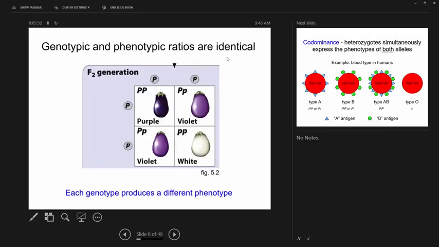If you get a 3 to 1 phenotype ratio, then you've got complete dominance. If you get a 1 to 2 to 1, then you've got incomplete dominance. Note that in both cases, complete dominance or incomplete dominance, it's so many out of 4. So here it's 1 to 2 to 1, that adds up to 4. Or 3 to 1, that adds up to 4. We're going to find out coming up that there are cases where one of the squares on the Punnett square is going to drop away.